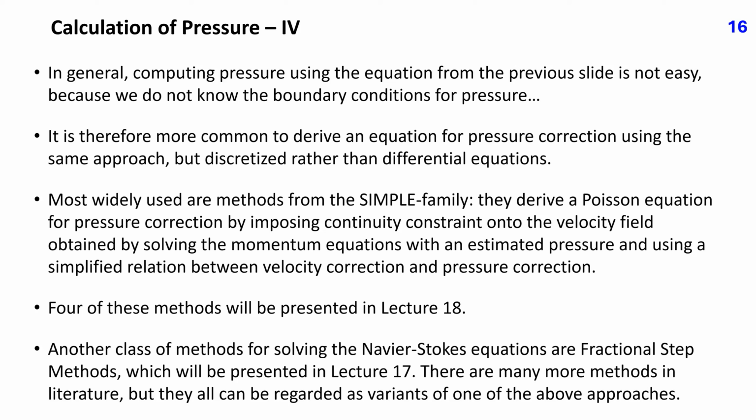Most widely used are methods from the SIMPLE family. They derive a Poisson equation for pressure correction by imposing the continuity constraint onto the velocity field obtained by solving the momentum equations with an estimated pressure, and using a simplified relation between velocity correction and pressure correction. Four methods from this family will be presented in lecture 18.